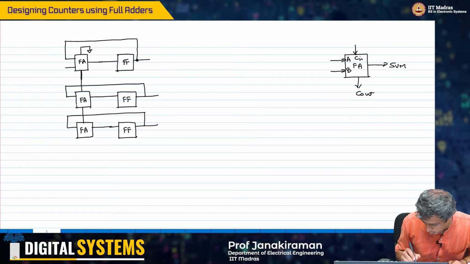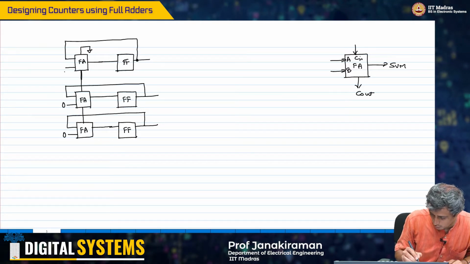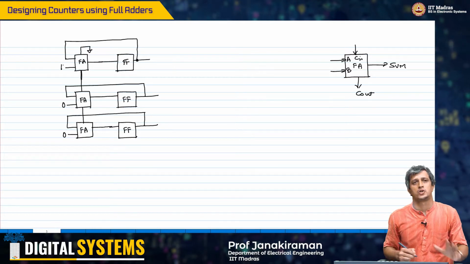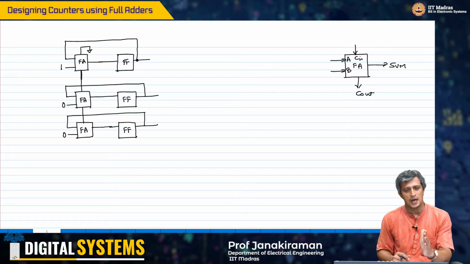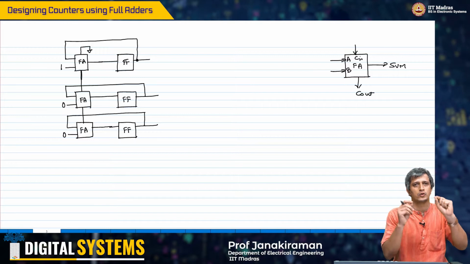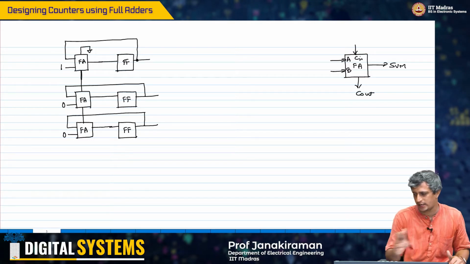And all we had to do to the other inputs was to connect it to 0, 0 and 1. So here what we are basically saying is the inputs are 0, 0, 1. That means I am adding 1 to the full adder every time, whatever the previous state is, right?